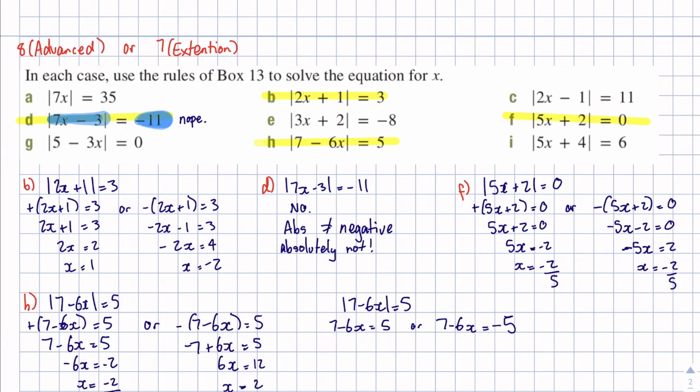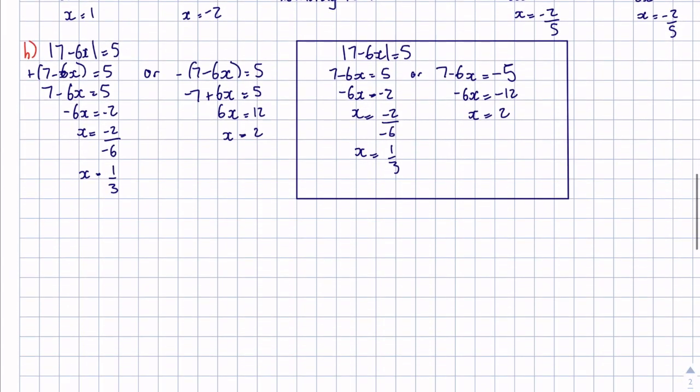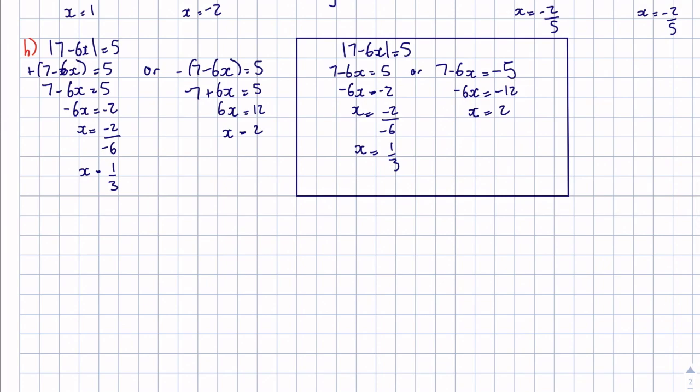So on the left-hand side, we'd get negative 6x equals negative 2, x equals negative 2 over negative 6, which is just a third. And the other side, we'd get negative 6x equals negative 12, which means x equals positive 2. It doesn't matter which method you use, as long as you use the same one every time so that you remember it. Okay? Doesn't matter. And that's question 7/8.